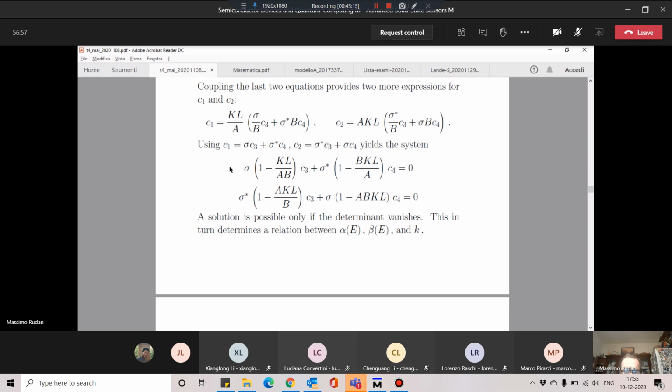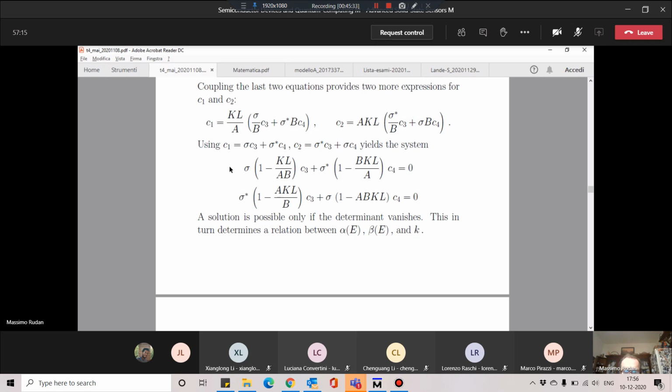Okay? So the determinant, I read it for you, has one term that is the coefficient of C3 in the first equation. So it is sigma parenthesis 1 minus capital KL over AB.